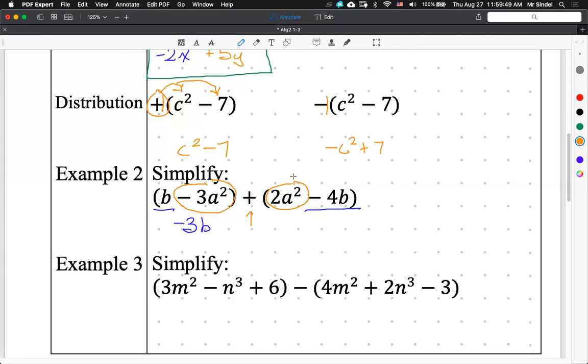Is it -1a squared? -1a squared, yeah. And that actually reduces to just -a squared. Yeah, very nice. -1a squared and -a squared are the same numerically. This is just slightly more simplified. Yeah, thank you.